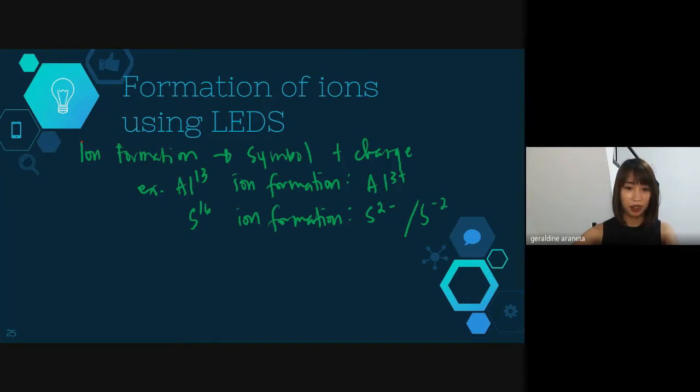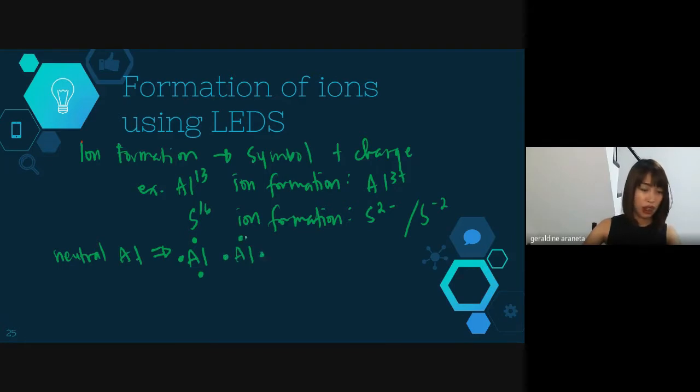What else? If we have the ion formation for aluminum, the Lewis dots for a neutral aluminum would be Al with 1, 2, 3 dots, since it has 3 valence electrons.